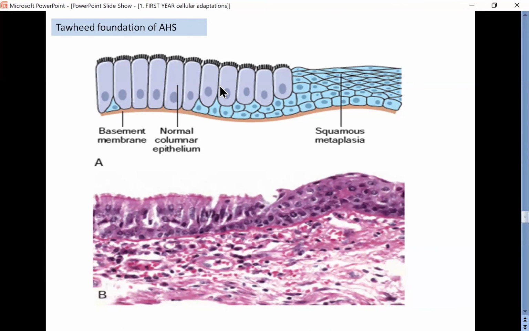So in response to the chronic irritation in the respiratory tract, the tall, ciliated, normal columnar epithelial cells of the trachea and the bronchi will usually get replaced by stratified squamous epithelial cells. This transition from the ciliated columnar epithelial cell to the squamous cells is called squamous metaplasia.